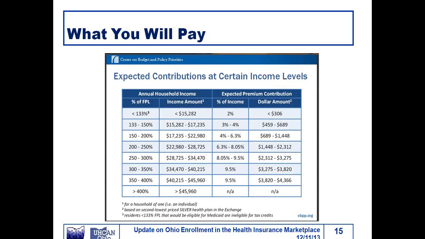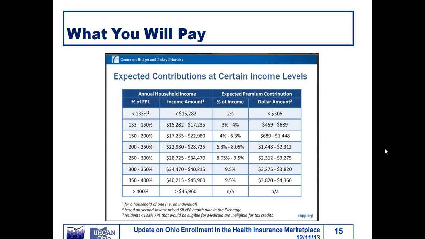So what will you pay when you go on the exchange? What you will pay is determined by first looking at your income on this chart. You look at your annual household income, and depending on your income range, you will pay. If your income is pretty low, you're going to be expected to pay 3 to 4% of your total household income for your health insurance premium.